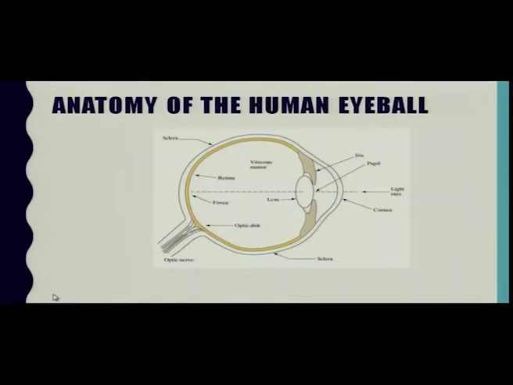So this is the anatomy of the human eyeball. Here we can see from this figure that the eye is approximately spherical.